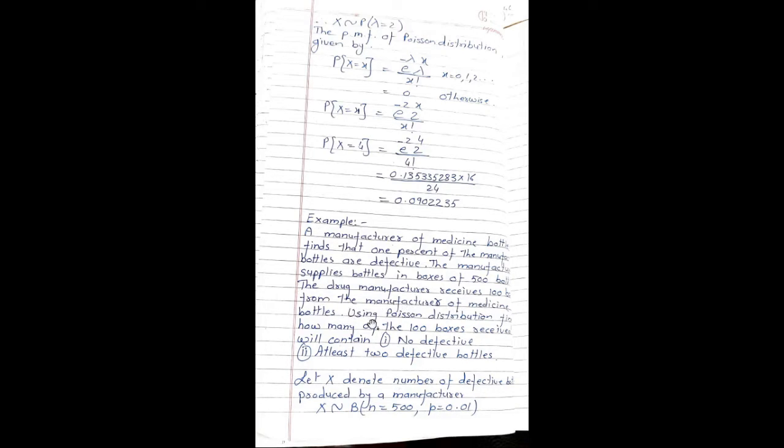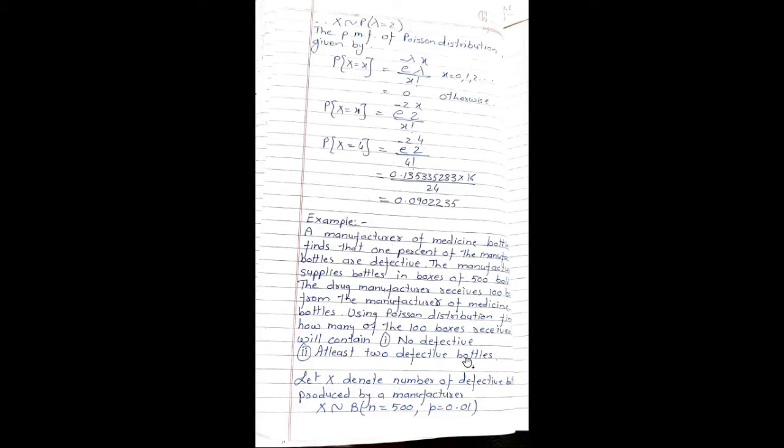Using Poisson approximation, find how many of the 100 boxes received will contain first part of the problem, no defective. Second part of the problem, at least 2 defective bottles.